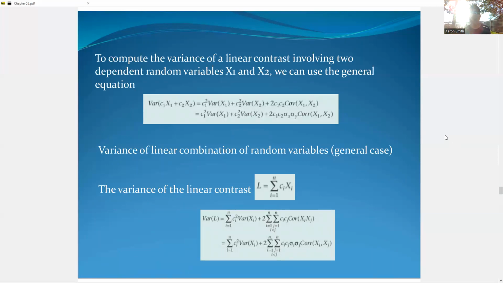All right, so we can compute the variance of a linear contrast involving two dependent random variables. So here we use that equation that we've talked about previously, except at this point, we're not assuming that we have independence. Previously, when I talked about the sum of a linear combination of random variables and the variance, I made the assumption that they're independent of each other.